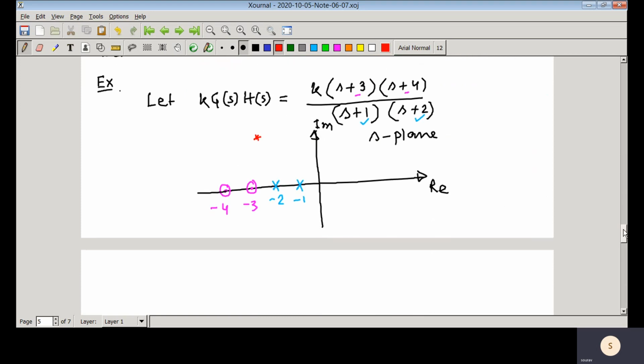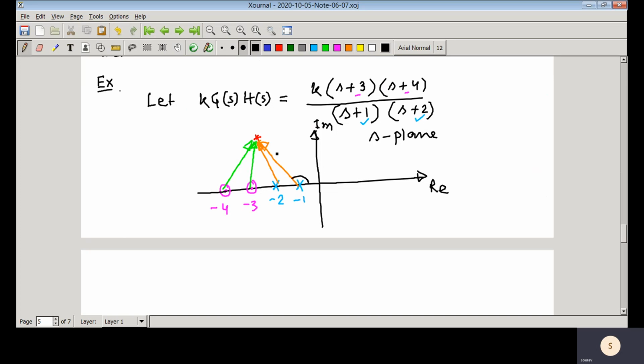So if we connect those zeros here, and these are the two poles, if we connect those lines, those vectors, then we can see the angles.